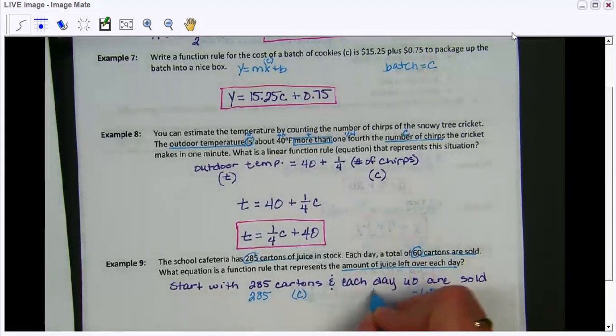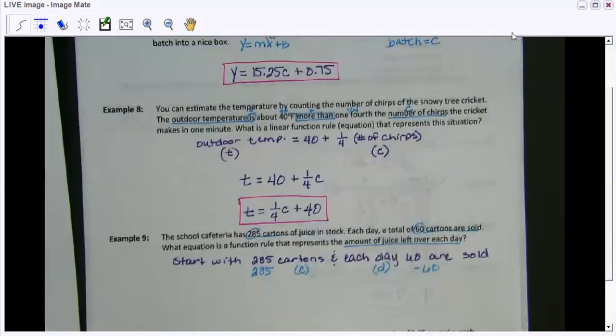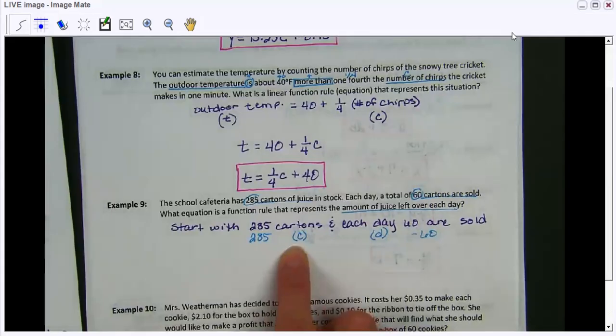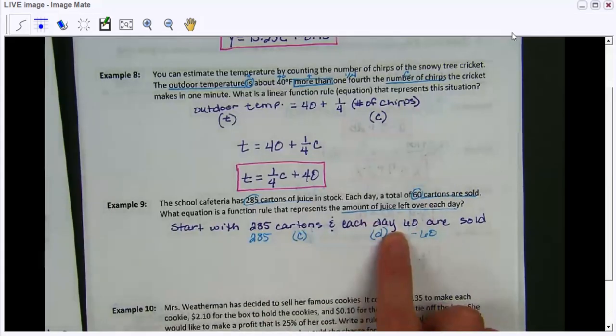So I'm going to represent day with a D. Now, none of this is in the order that it should be. And so we really have to understand the difference between an independent and a dependent variable. So the number of cartons that you have, C, depends on how many days have passed.